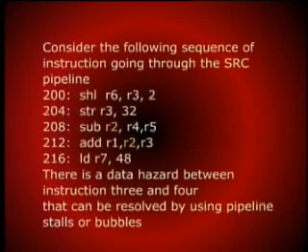Let us look at one example of the data hazard and its resolution in terms of the SRC hardware provided by the architect. Let us consider a typical SRC hazard correction through pipeline stalls. Consider the following sequence of instructions going through the SRC pipeline. The first instruction is shift left R6, R3, 2.